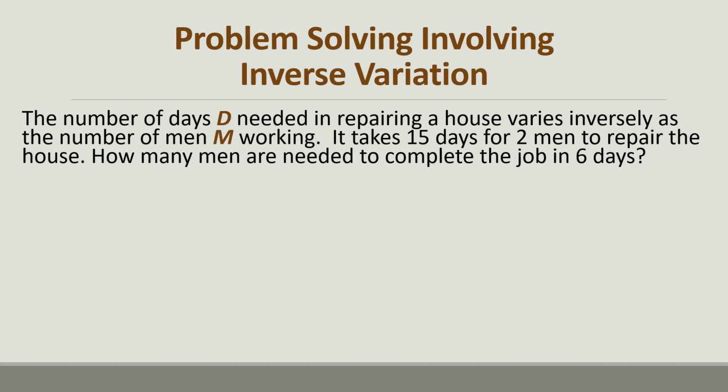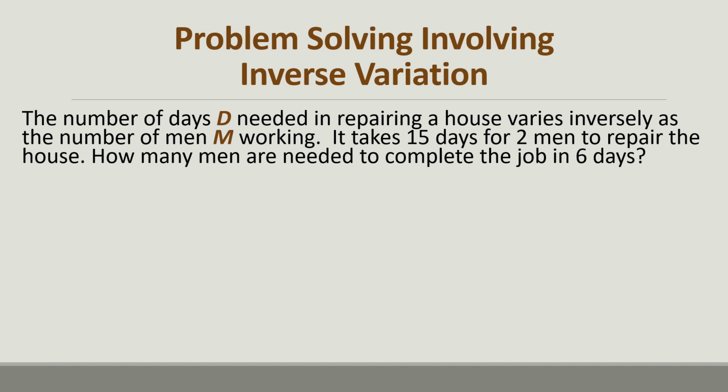If D is decreasing, we have to make sure that our final answer for M will make it increasing. So first we have here 2 men. Our answer for M must be greater than 2, of course.